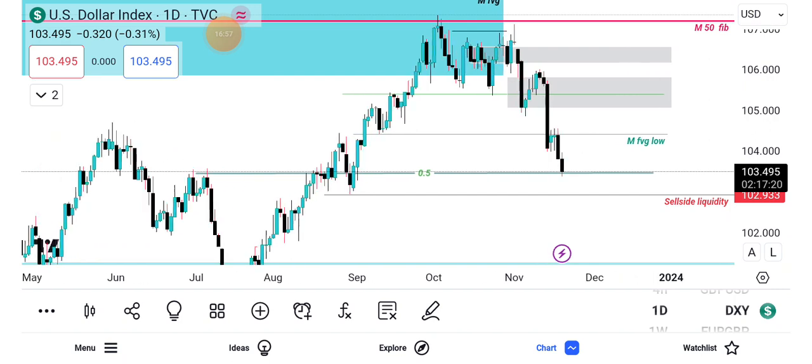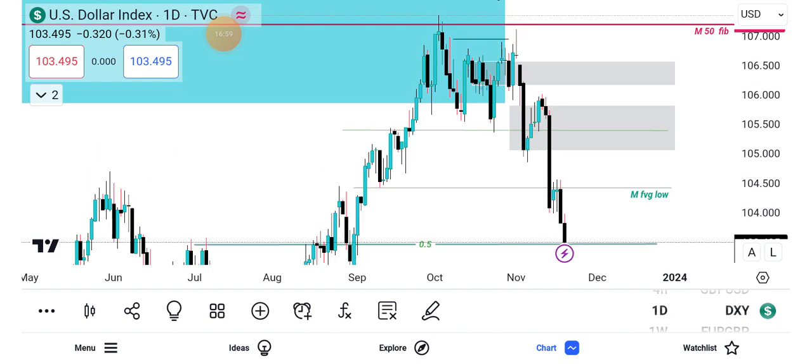Whatever you can also see in the daily, remember, your analysis, if you start from the monthly, then you can drop down to the daily. From the daily, you can go to the 1 hour.